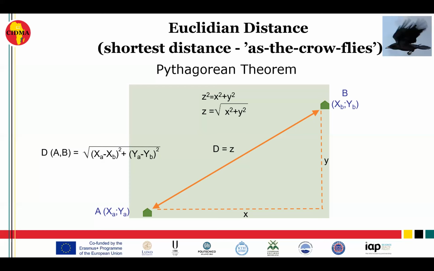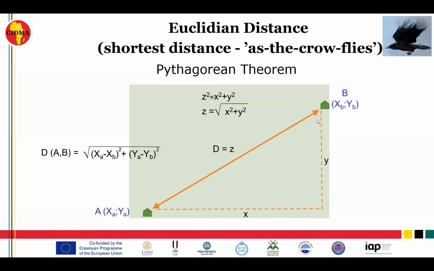And the x and the y is then, of course, achieved by comparing the x coordinates for the 2 points. So we have an x coordinate here, and we have an x coordinate here. And by subtracting one from the other, we will get this distance.